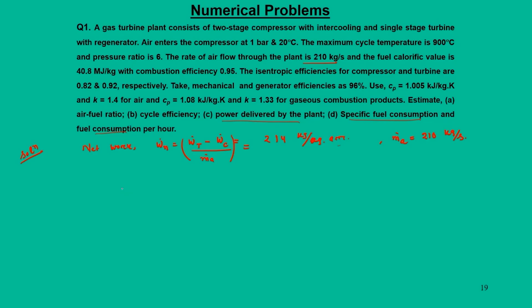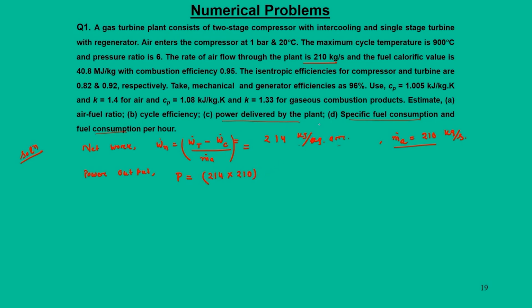Now, we can find out the power output. P is equal to W dot N, that is 214, into the mass flow rate of air, so you have to multiply by the mass flow rate, that is 210.